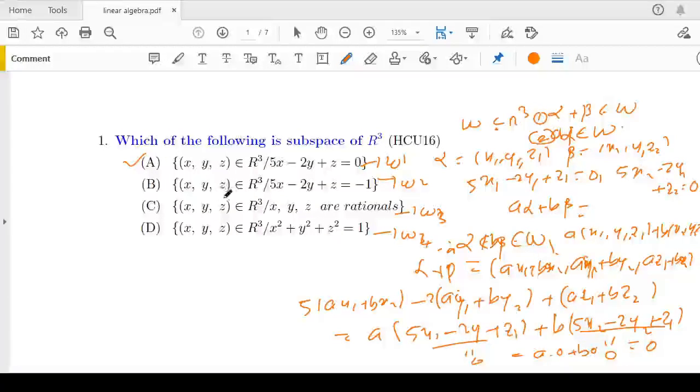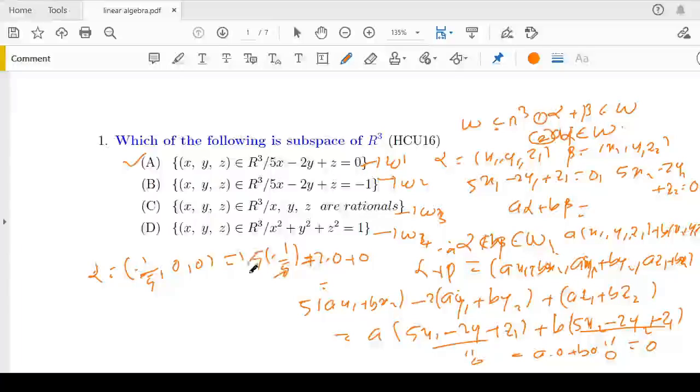Similarly, what about the second one? W2 is the set of (x, y, z) belonging to R cube such that 5x minus 2y plus z equals minus 1. Assume that alpha is equal to (minus 1 by 5, 0, 0). Then 5 times minus 1 by 5 plus minus 2 times 0 plus 0, the 5 cancels, and this total value equals minus 1. Therefore alpha belongs to W2.